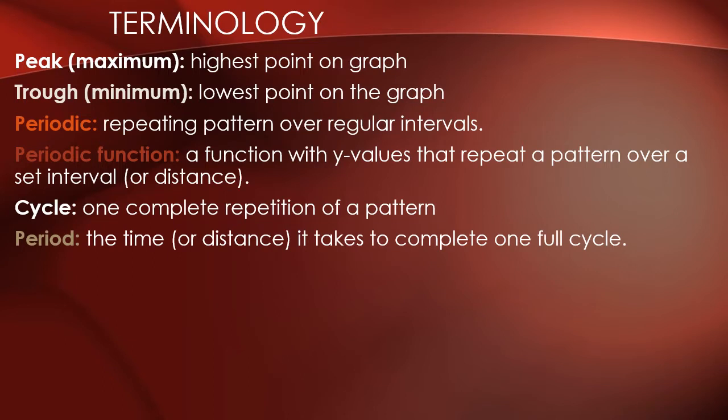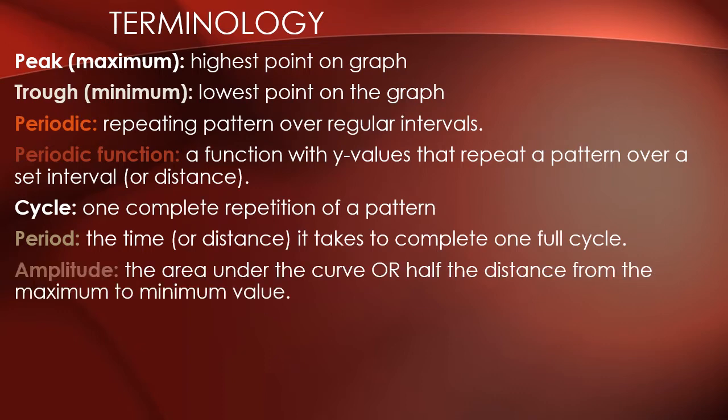The period is the time or distance, so whatever your x-axis happens to be or whatever your domain happens to be, the time or distance it takes to complete one full cycle. The amplitude, that is the area under the curve, or half the distance from max to min.